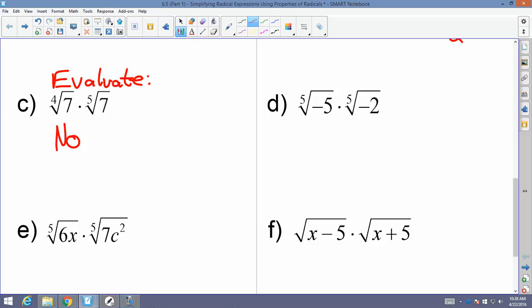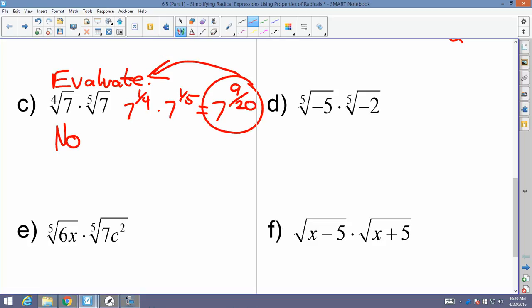Now they want you to turn this into 7 to the 1/4 times 7 to the 1/5 to give you that whole 7 to the 9/20ths. That will be evaluate. If they just say, multiply these radicals, or can these radicals be multiplied? You can't multiply the radicals. You can multiply these, but not in radical form, but in rational exponent form. Does that make sense?